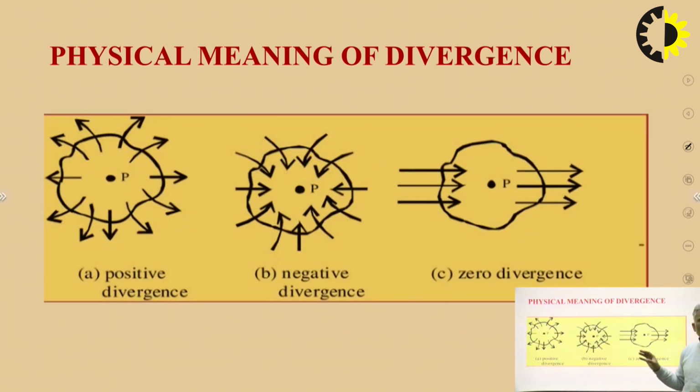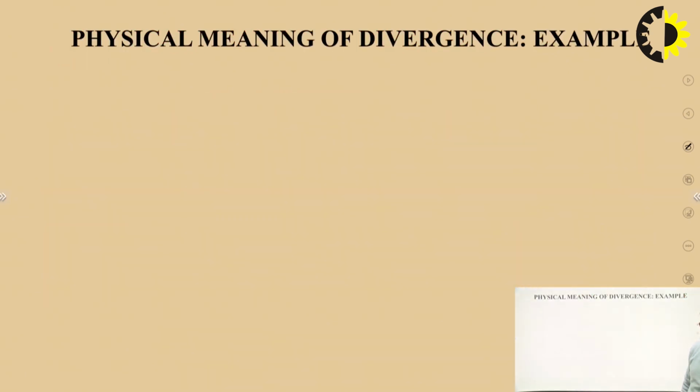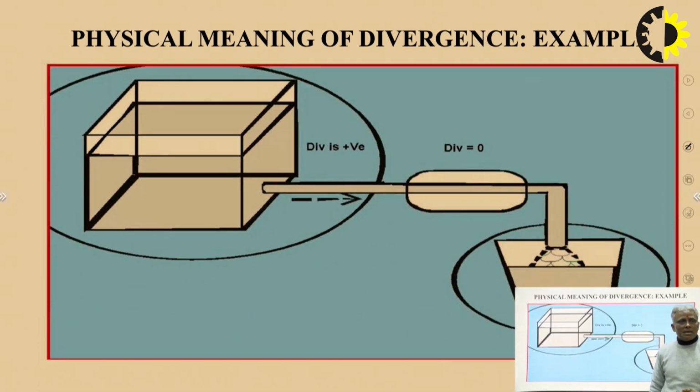Suppose something is spreading out here, that is known as positive divergence. Something is being compressed here, that is known as negative divergence, and where there is no output and no input, that is known as zero divergence. So divergence may be positive, negative, or zero. Now the physical meaning of the divergence by an example: suppose fluid is flowing, and here is the source of the fluid, and this is known as positive divergence.